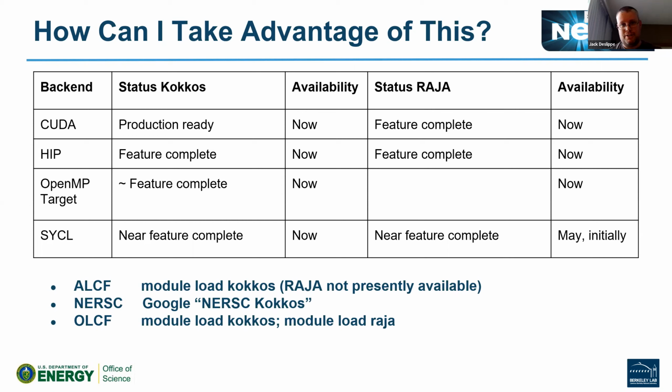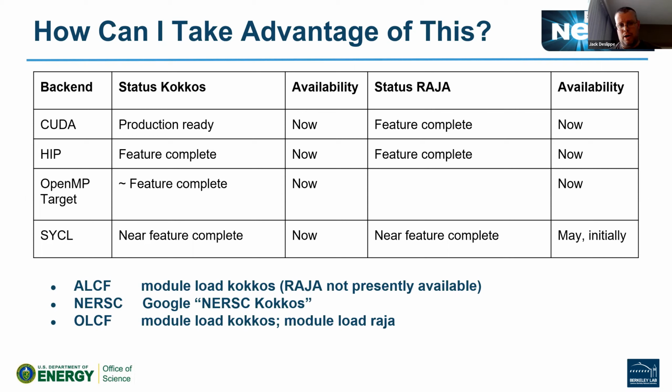I see Christian Trotz. Yeah, this is sort of maybe an arbitrary distinction between production ready and feature complete. And yeah, so I think SYCL, there's been a lot of progress towards making a really performant version of Kokkos and RAJA for the Aurora system with a DPC++ backend.